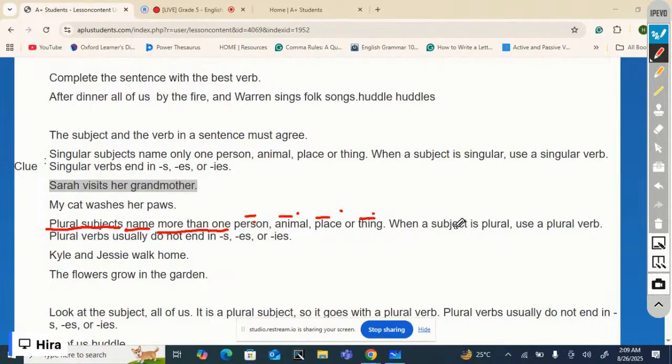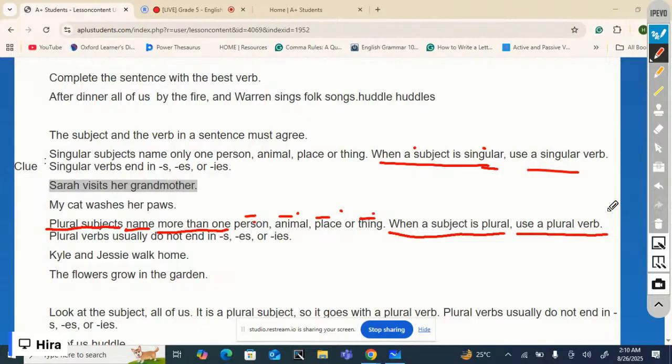So, when a subject is plural, use a plural verb. So the rule is simple. If the subject is plural, use a plural verb. If the subject is singular, use a singular verb. Simple rule. This means subject verb agreement. Subject must agree with the verb in number.